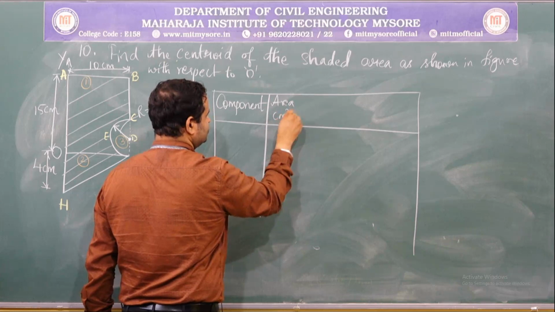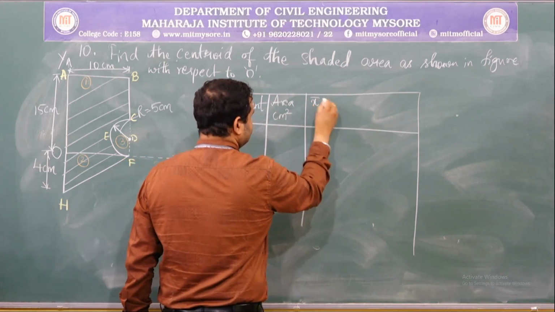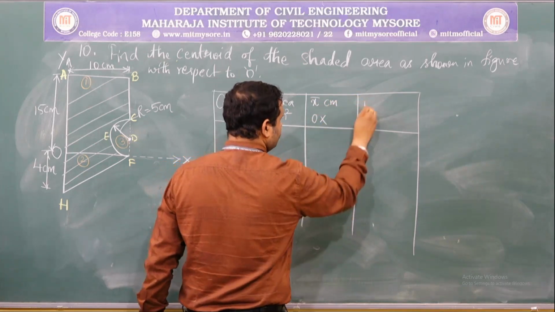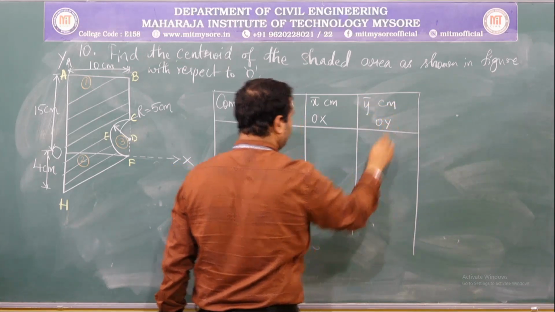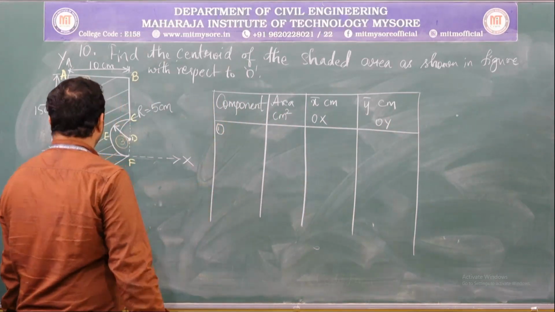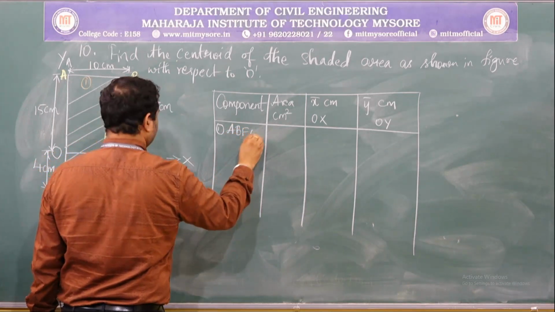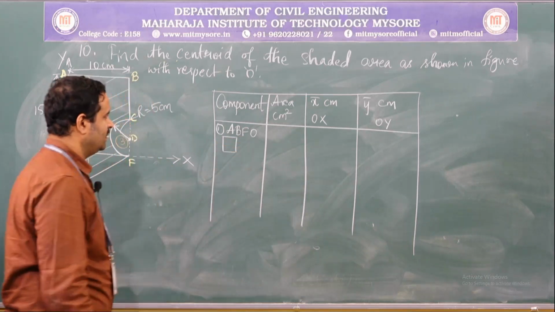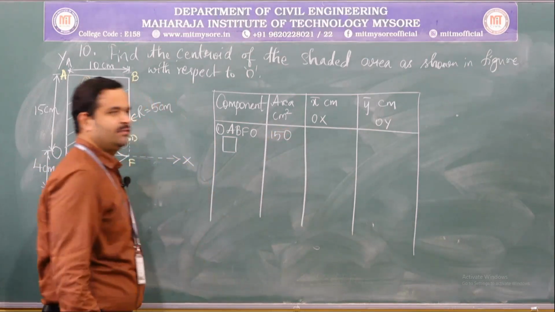Component, the next is area, be careful, it is centimeters square, x bar in centimeter with respect to OY, y bar in centimeter with respect to OX axis. Coming to component 1, A, B, F, O, rectangle, area is 10 by 15, 150 centimeter square.